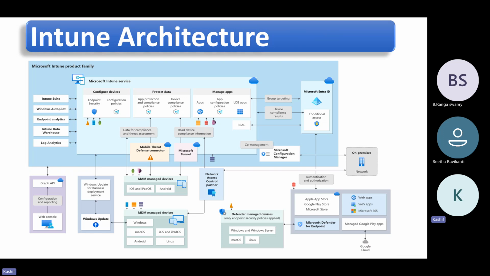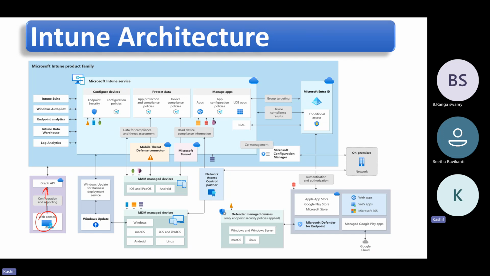Now, this is the high level architectural diagram of Intune. When you create your subscription, you get a web console, and whatever changes you would like to make, you do the configuration and reporting, and your configuration and reporting goes to Graph API. Graph API is like a communicator between you and the Intune services in the backend.